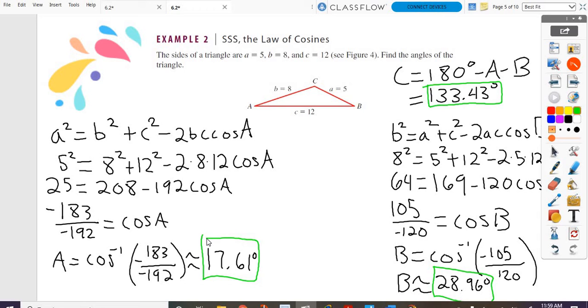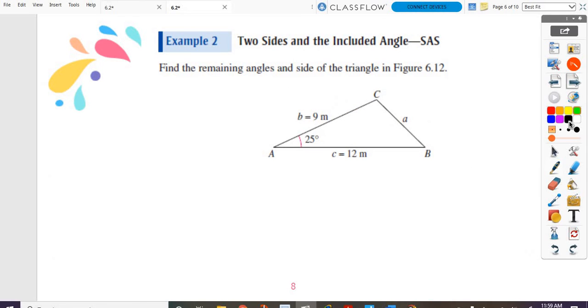Do you have any questions on that? Did y'all fix any mistakes if we made one? Maybe the biggest thing, again, a lot of the mistakes are just plugging stuff into the calculator, so be careful when you do that. So that was our first case with our law of cosines.